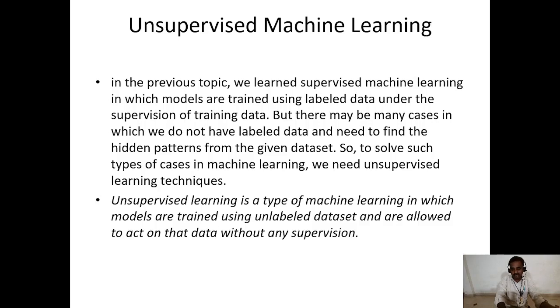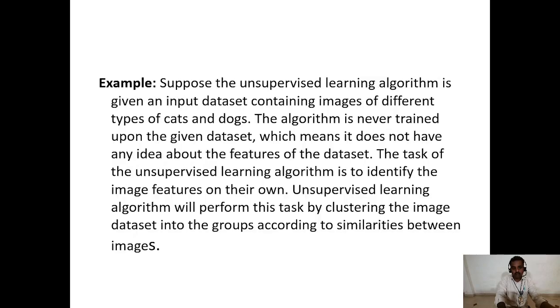Unsupervised learning is a type of machine learning in which models are trained using an unlabeled data set and are allowed to act on that data without any supervision. For example, suppose the unsupervised learning algorithm is given an input data set containing images of different types of cats and dogs.